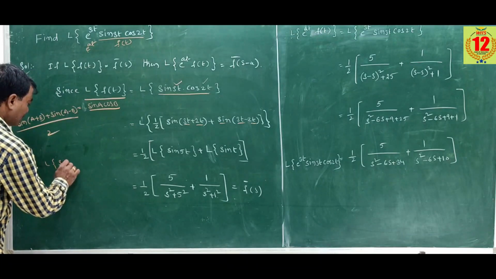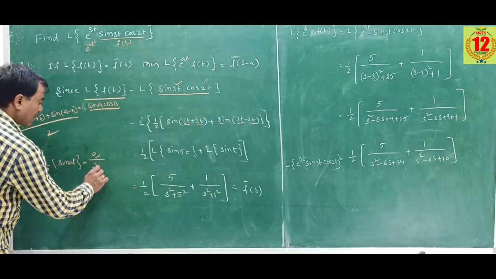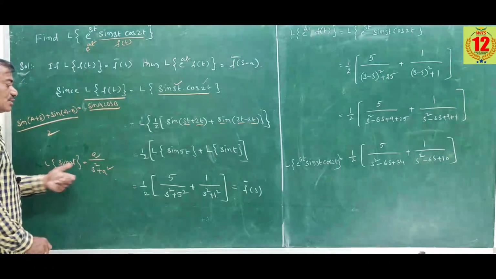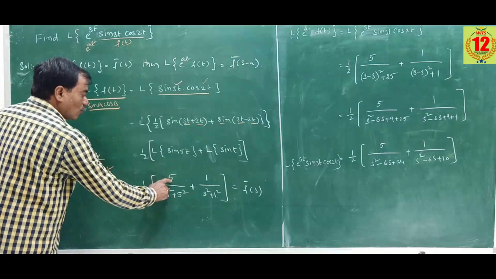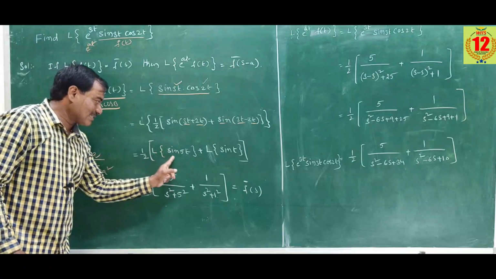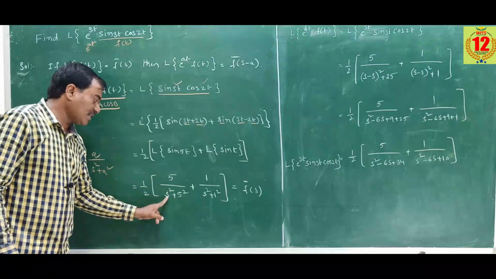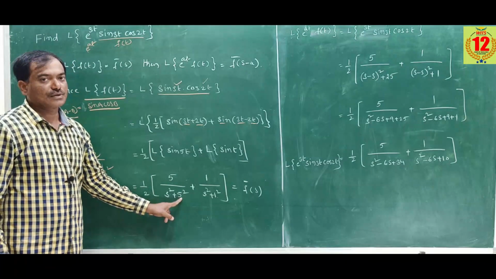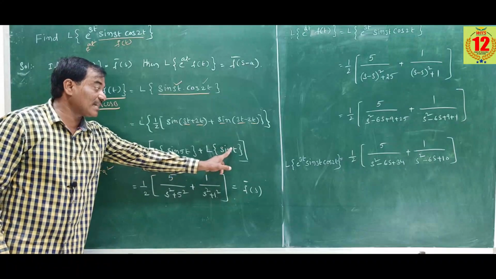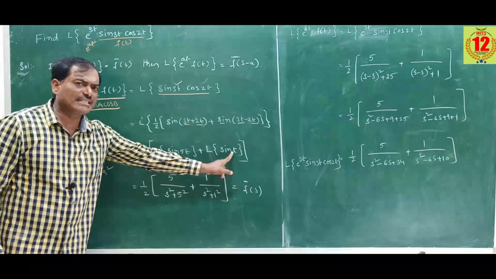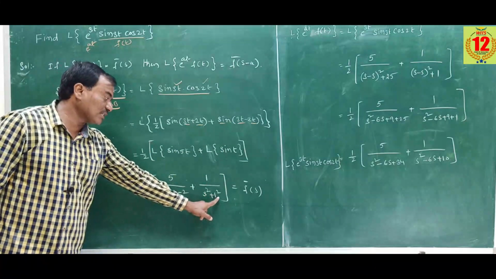Laplace transform of sin at equal to a by s square plus a square. We use this formula. Therefore, the Laplace transform of sin 5t, here a equal to 5, so that is 5 by s square plus 5 square. Then the second Laplace transform: the Laplace transform of sin t, what is a here? a equal to 1. So 1 by s square plus 1 square.